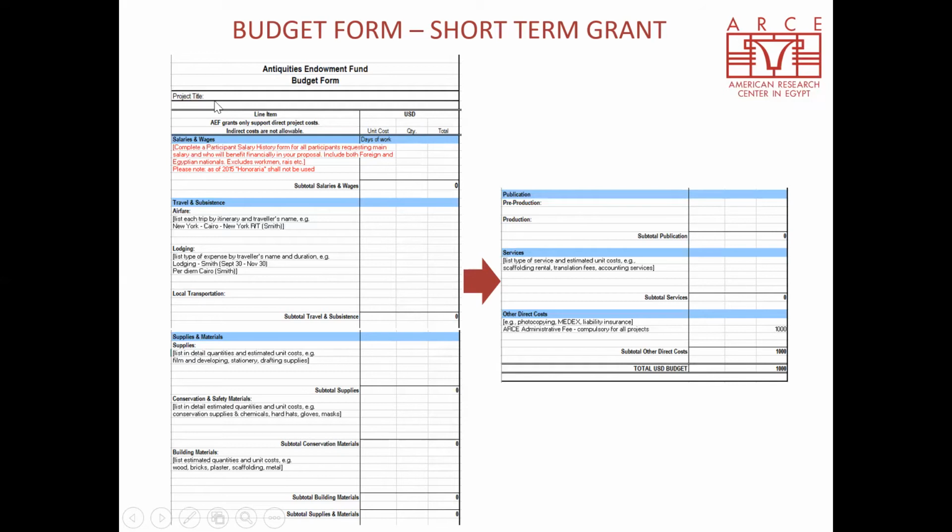And you start off, number one, by filling in your project title, which is very easy. And then under salaries and wages, in this column on your left, you would delete these red highlighted instructions. And for example, your main team members who will be receiving a salary, plug in their names and positions.